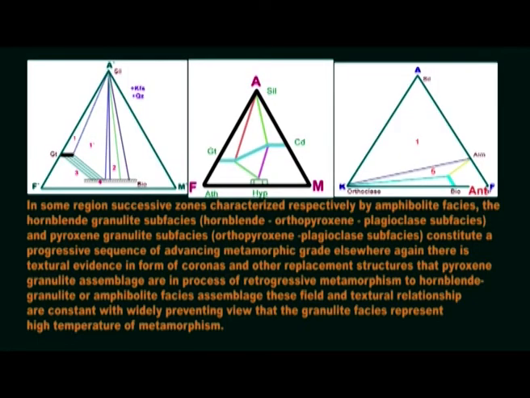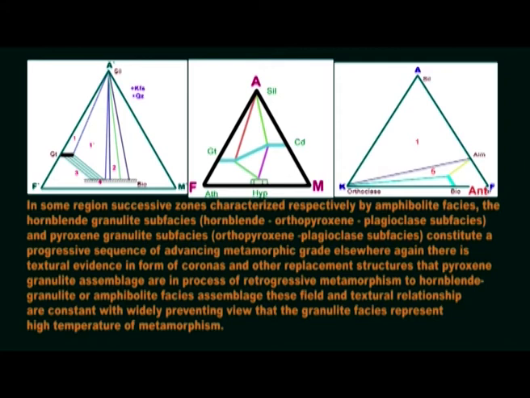In some regions, successive zones characterized respectively by amphibolite facies, the hornblende Granulite subfacies, hornblende orthopyroxene plagioclase subfacies, and pyroxene Granulite subfacies, orthopyroxene plagioclase subfacies constitute a progressive sequence of advancing metamorphic grade.